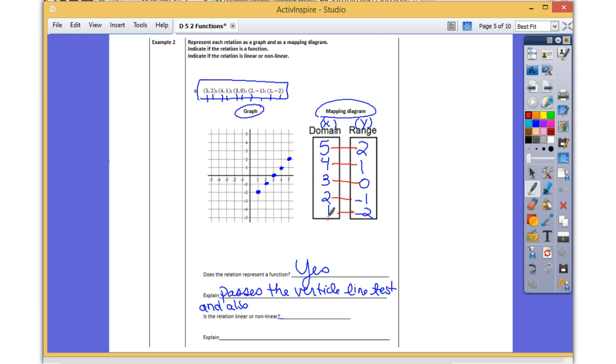Now if I didn't have the graph to look at, I can look at my mapping diagram and say that yes, this is a function because see how each one just goes to one line? They each have one output. Each domain, each input has exactly one output.